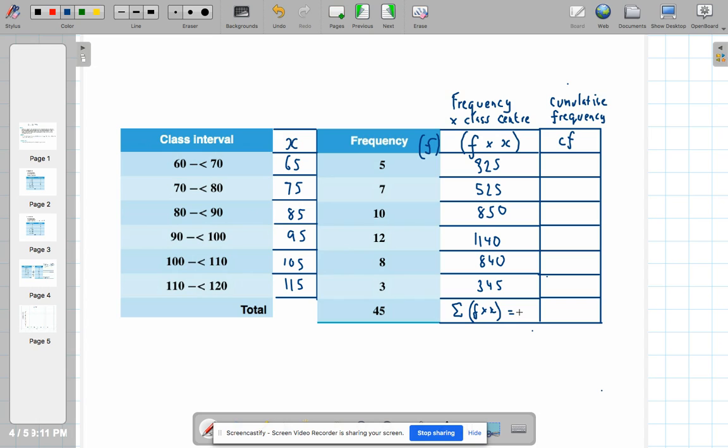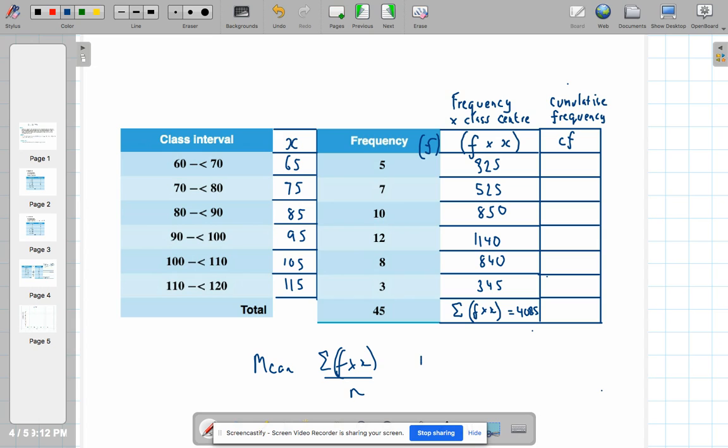Then I add those up and I get 4,025. Now to find the mean, there were 45 people surveyed here. So it's going to be the sum of the f times x's over n, which is 45.